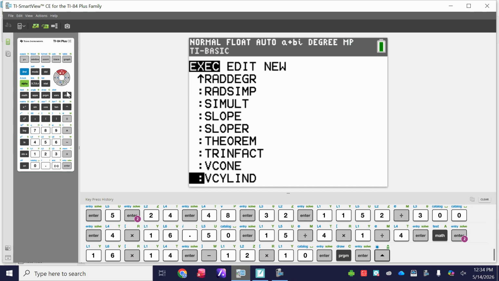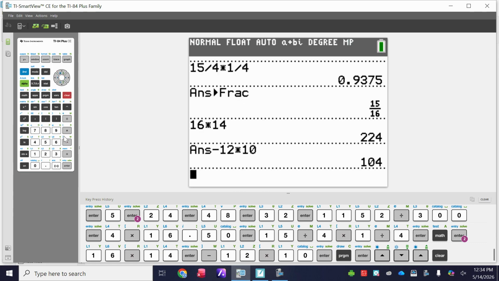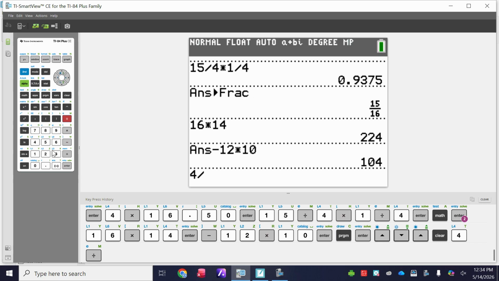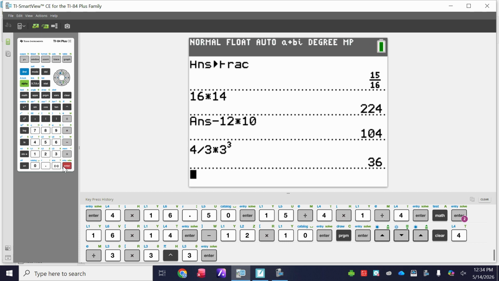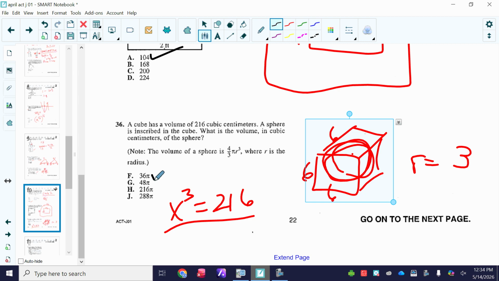It's on your programs that I gave you, volume of sphere. It's 4/3 pi r cubed, and I leave the pi out so that I can match the answer, 36 pi.